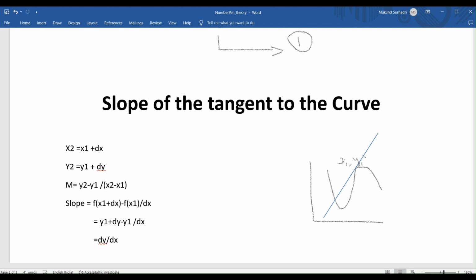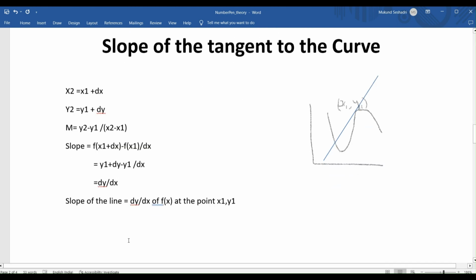So what we have from this particular equation is that the slope of the line is nothing but your dy by dx of f of x at the point (x1, y1), right?